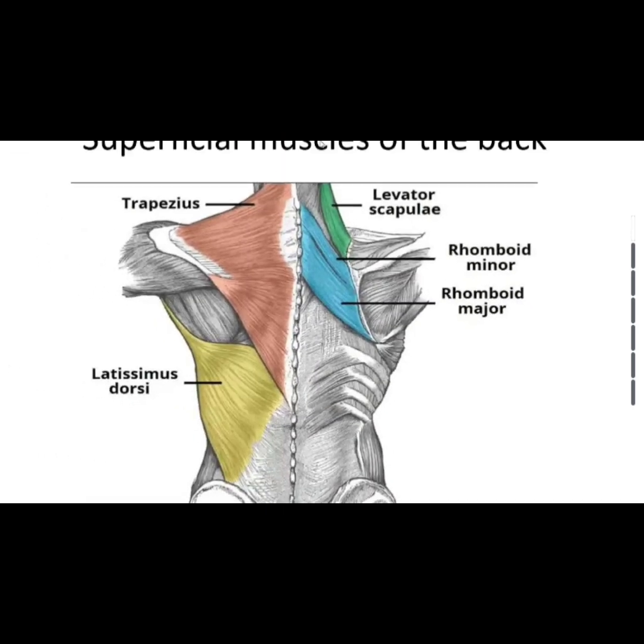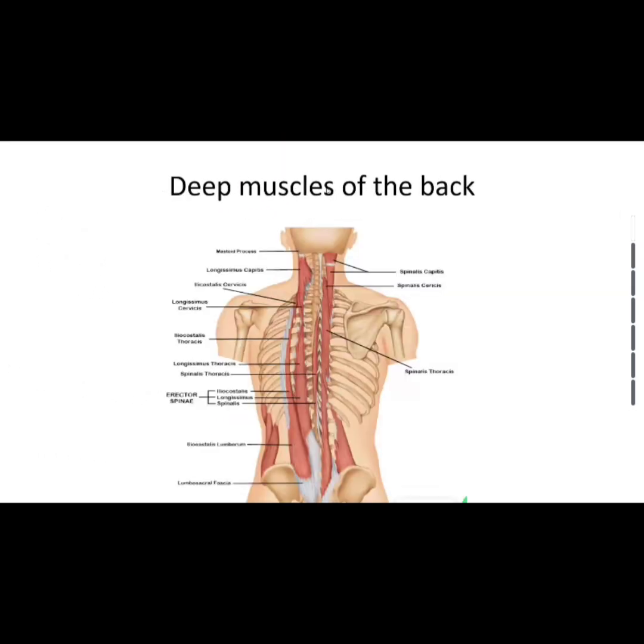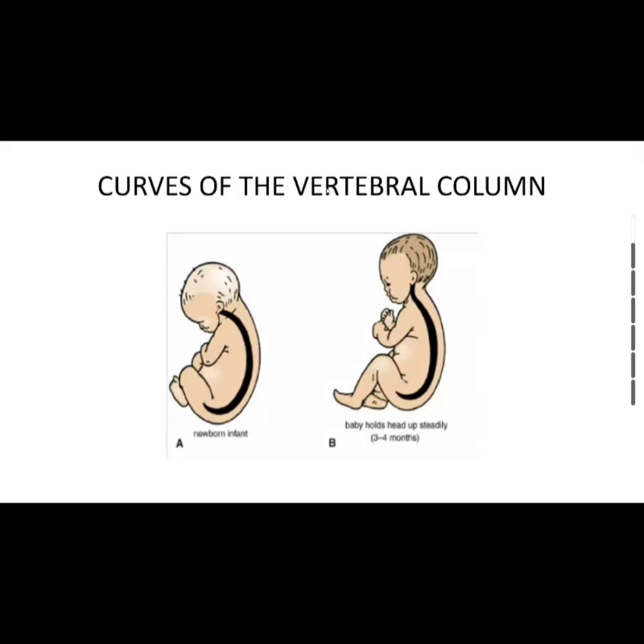Then the curvatures. If you look at somebody standing upright in anatomical position from the lateral side, usually there are curvatures, so your vertebral column is not straight all the way. In fact, if it is all straight, then there is probably a problem.